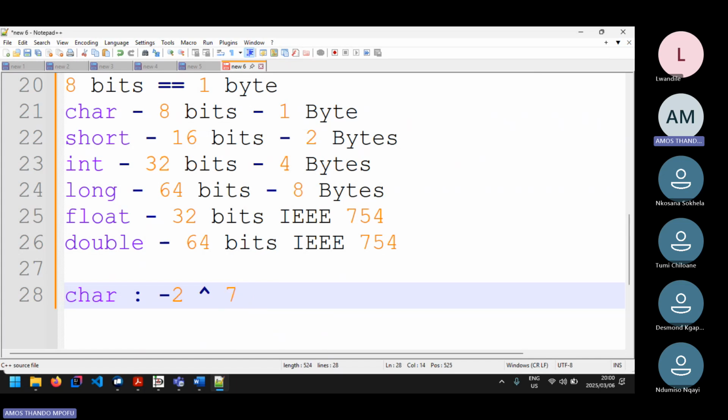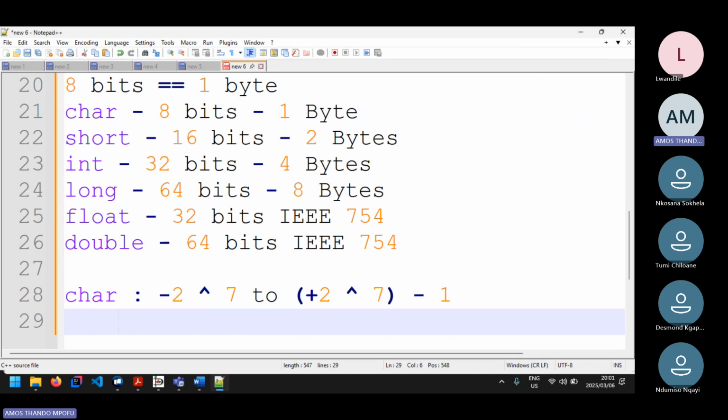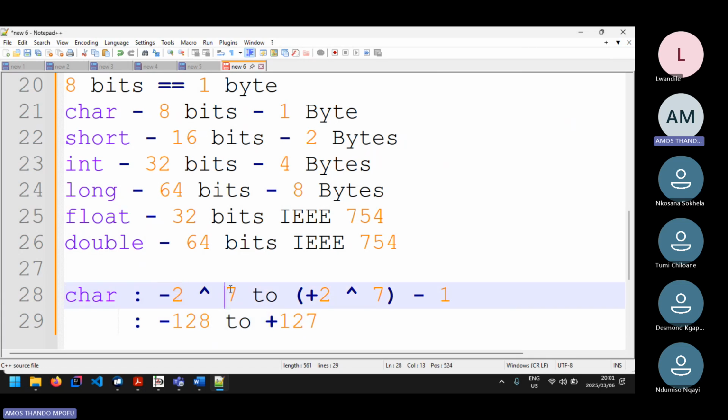So minus 2 to the power of 7 to positive 2 to the power of 7, because 8 minus 1 is just 7. And then you subtract 1 from this value. If you put it in your calculator right now, you'll find out that the answer is minus 128 to positive 127. So why do we use this formula of a base to the power of bits? We're using that formula so that we find the right integer in our number system.